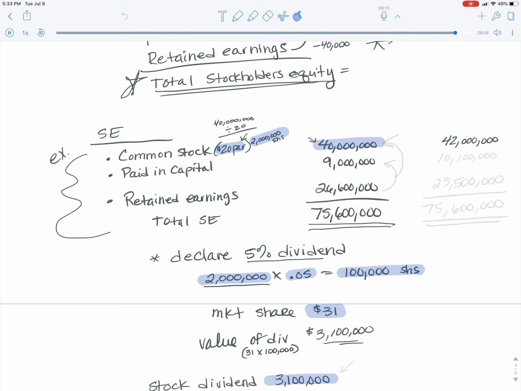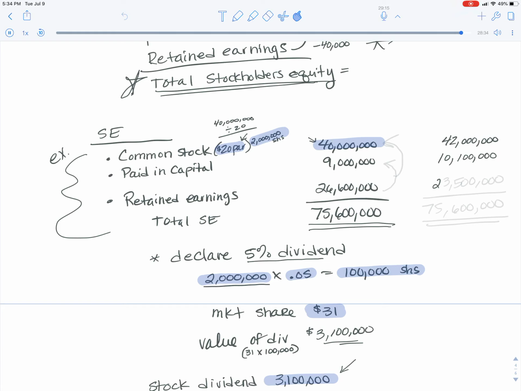And we added 1,100,000 to our paid-in capital account. So now that's 10,100,000. And we removed 3,100,000 from retained earnings, because that's like distributing out of retained earnings.